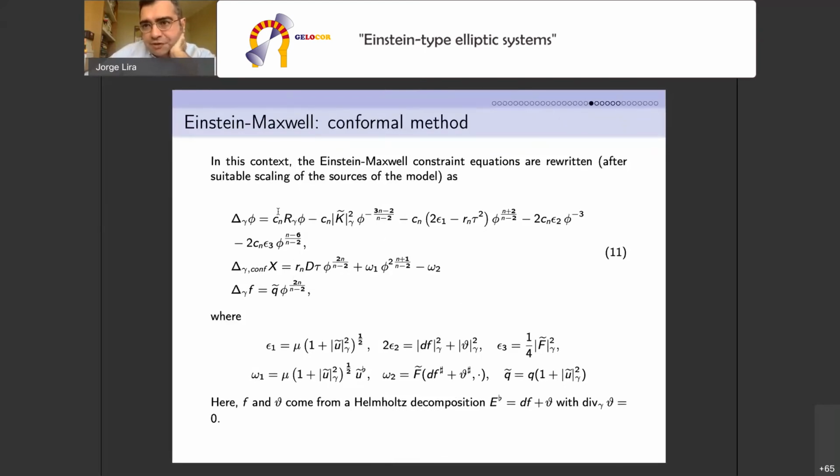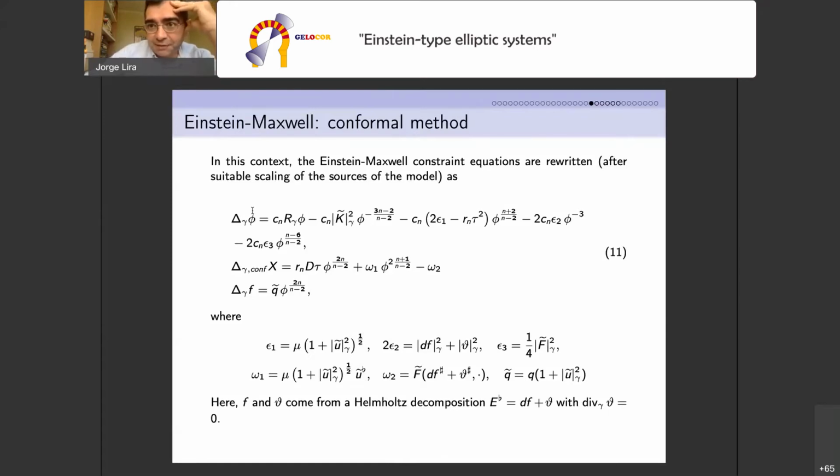The first equation is again the Hamiltonian constraint equation formulated in terms of these factors. So start with gamma. You have to transform gamma conformally to the correct metric g, the metric we're going to find in the end, which satisfies the constraint equations. So that's the expression of the Hamiltonian constraint in terms of some PDE.